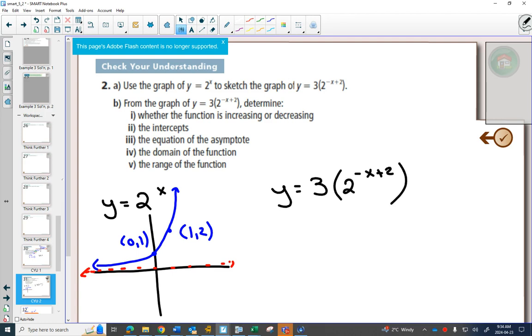A couple of things from transformations that we have to remember. We have to remember what's vertical, what's horizontal. We have to remember that when we have a horizontal reflection along with a horizontal translation, we always have to write it in factored form first.